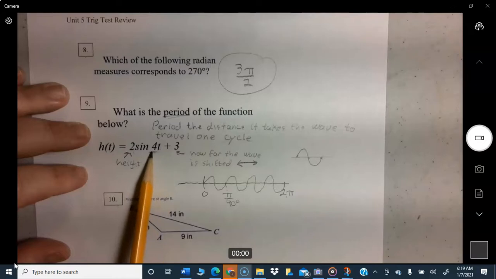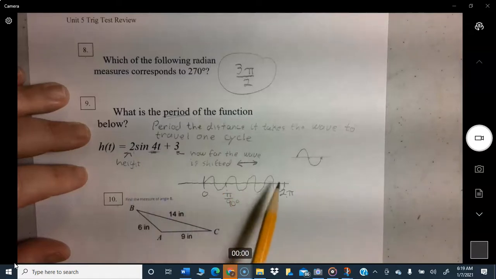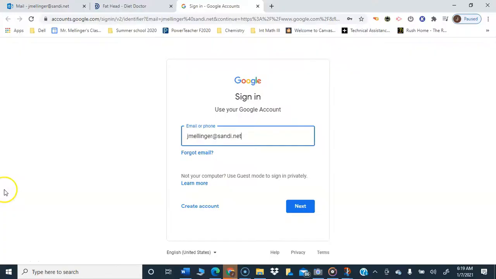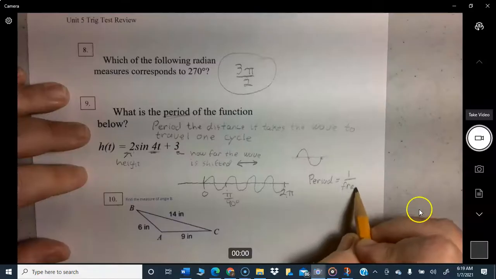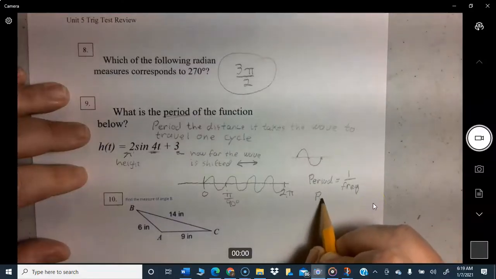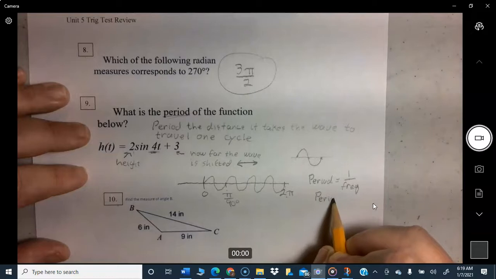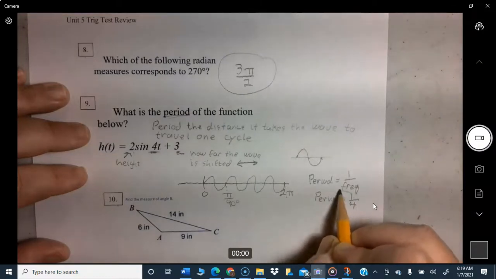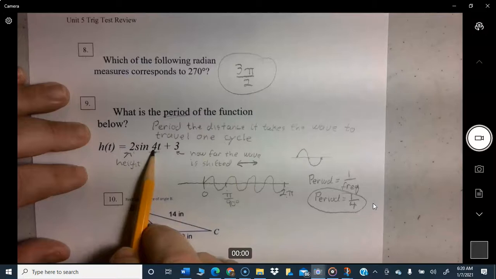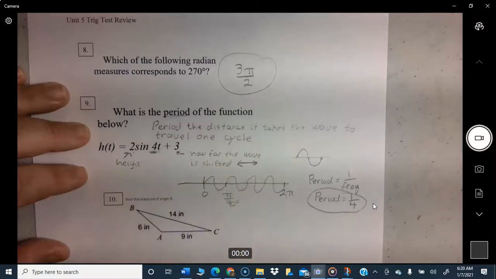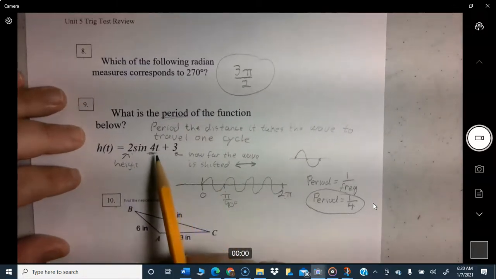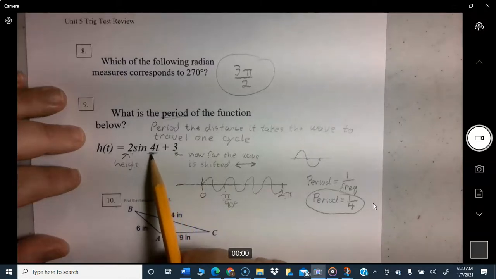All you have to remember is this is the frequency. It's how many times it cycles. The period is equal to 1 over the frequency, which equals 1 over 4. That's the answer. If the frequency is 4 cycles in one revolution around the circle, then the period is how long it takes to make one cycle, and that would be 1/4.